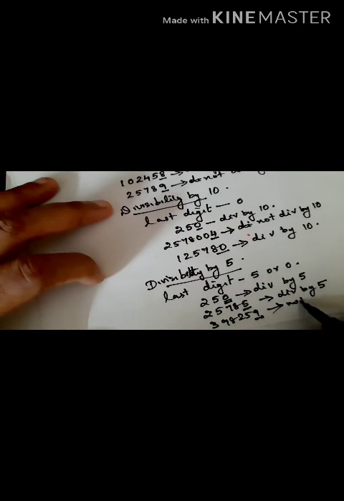So next one, 25,785. Here also last digit is 5, so it is divisible by 5. Then 398,259. Here last number is 9. So it is not divisible by 5.